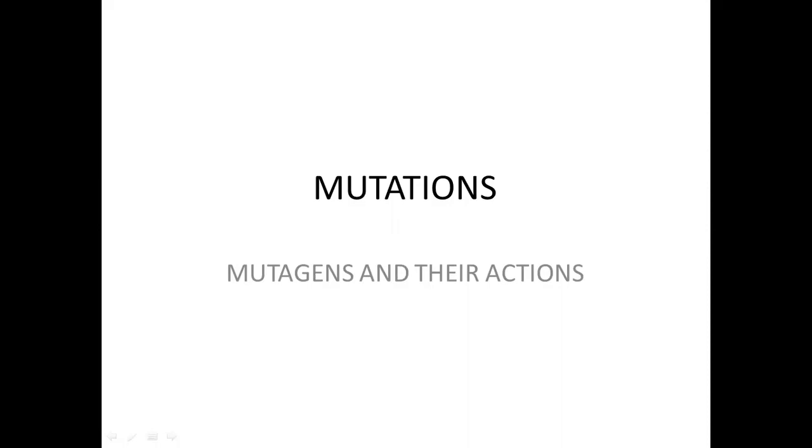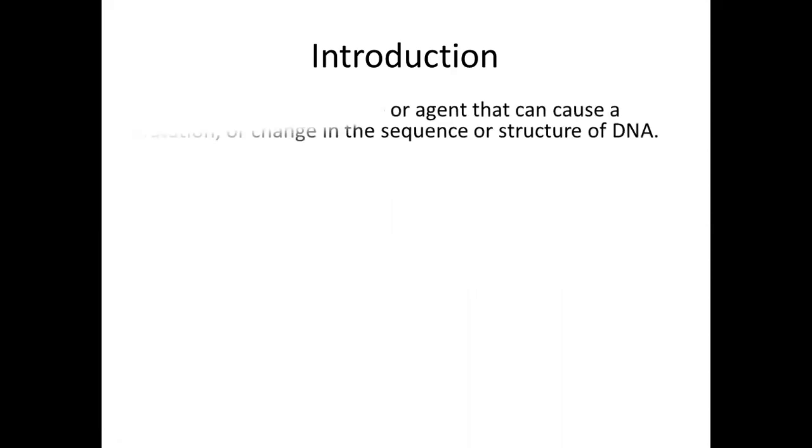Mutagens and their actions. So I'm going to have an introduction, and in the introduction, we're going to see that we talked about what a mutation is: a permanent change in the DNA, in the gene, in the case of the gene mutation, or it could be a chromosomal mutation, which occurs in the entire chromosome.